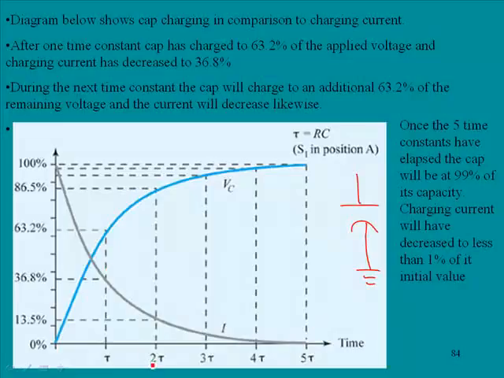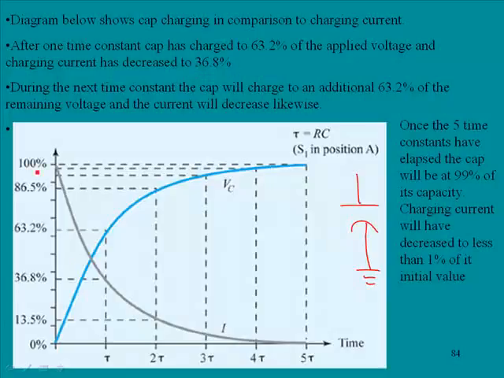And these letters down here represent the time constants, tau, which we just mentioned on the previous slide. After one time constant, the cap is charged to 63.2% of the applied voltage, and the charging current has decreased to 36.8%.